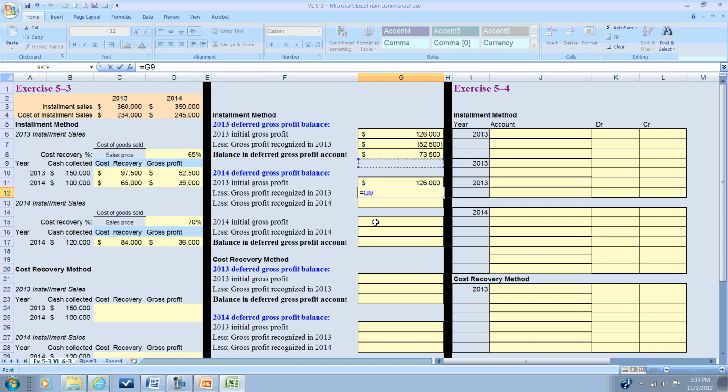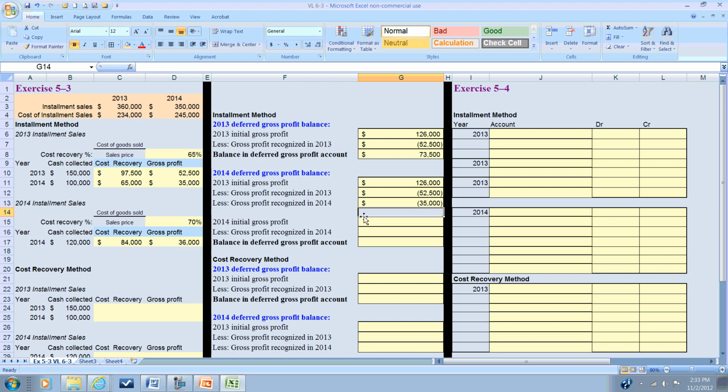The amount that we recognized in 2013 is the same. And in 2014, we recognized an additional 35,000. And I'm showing the prior year's gross profits as negative numbers, so we can make our calculation based on the sum factor.